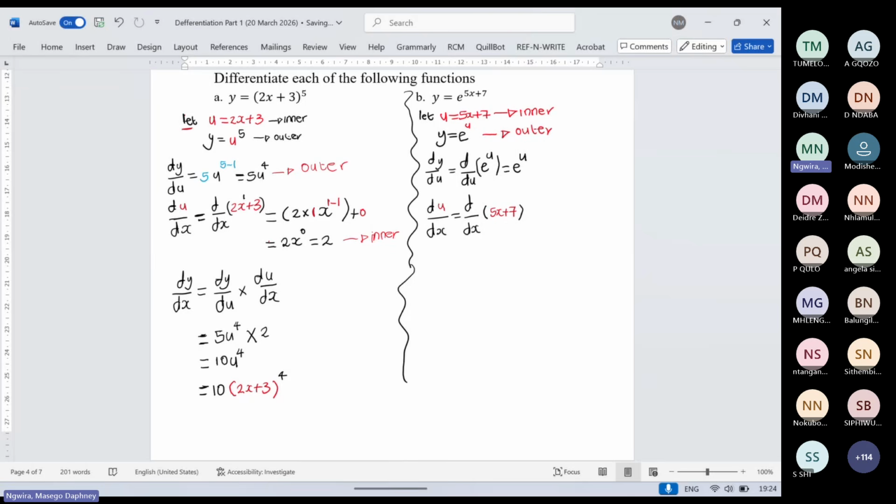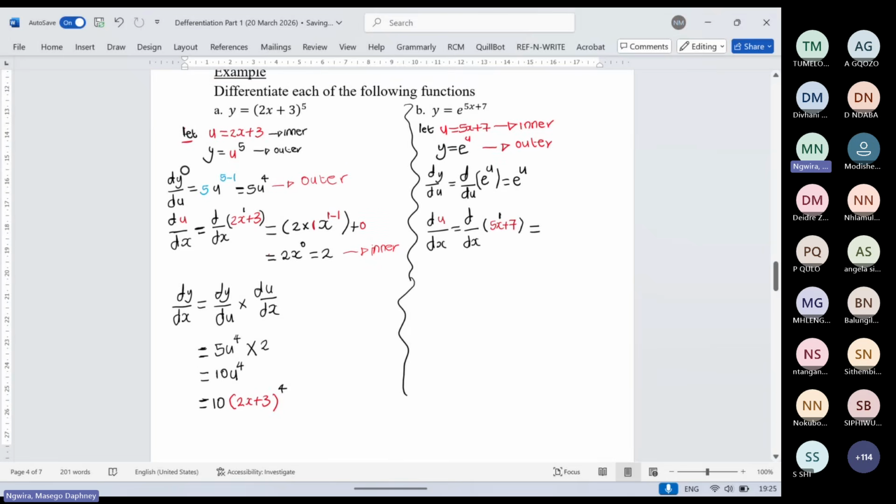This will be the derivative of 5x. There's a 1 here. I repeat, there's always a 1 if there's no number on your x. By now, you must know that the derivative of x is 1.